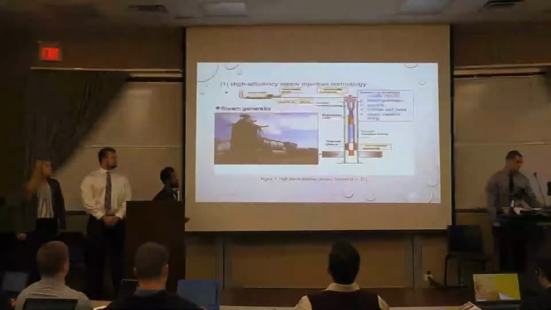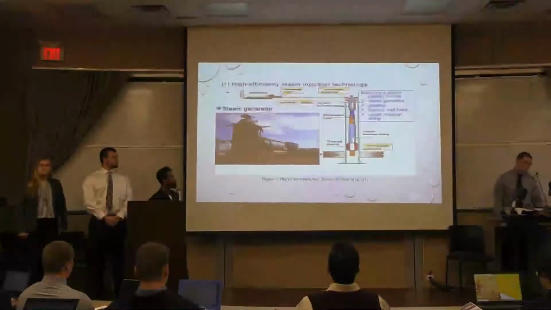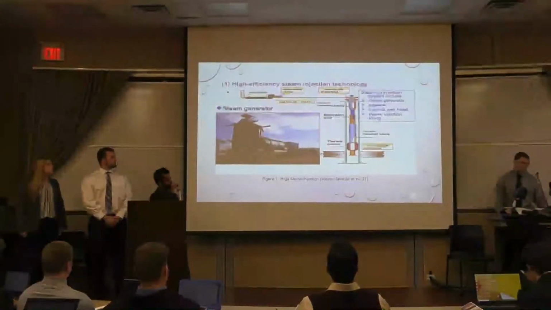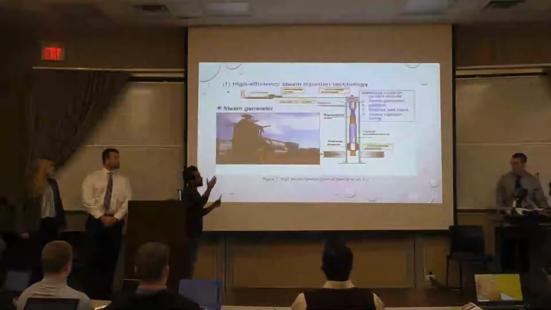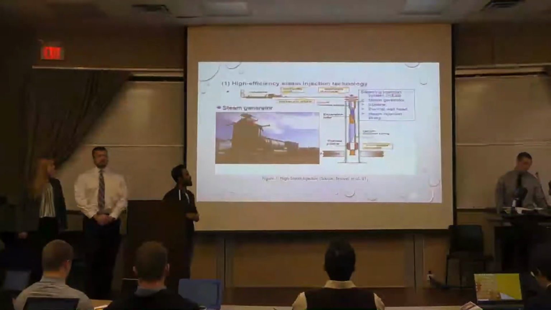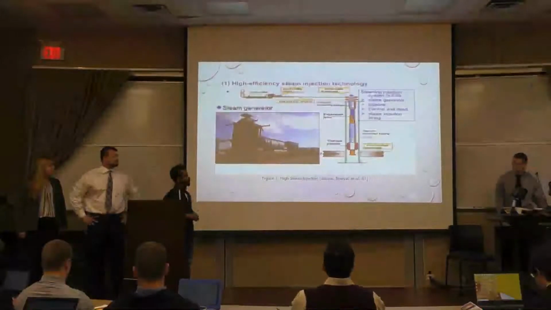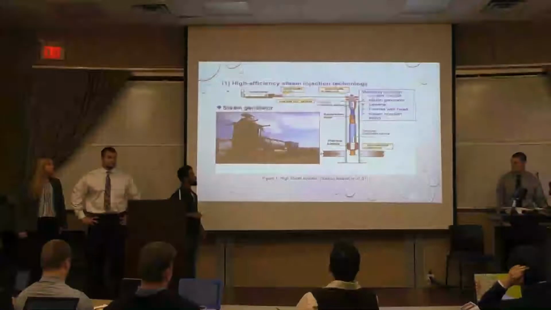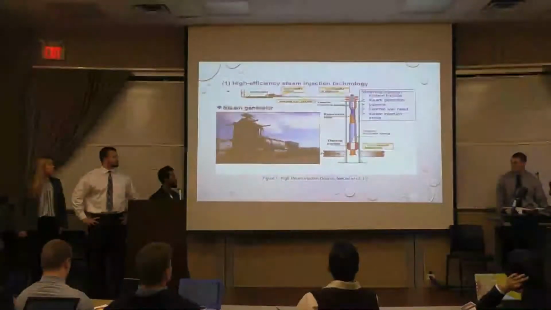And here's a figure that shows the steam injection. As you can see, here is the steam injection system, including the pipeline, thermal wellhead, steam injection string, and also a steam generator. And this picture shows the steam generator, if you didn't see it before.